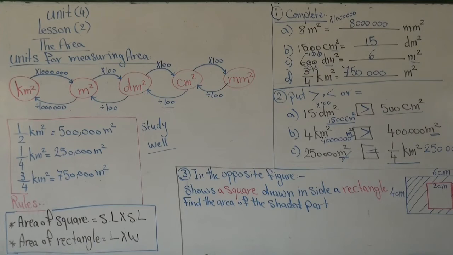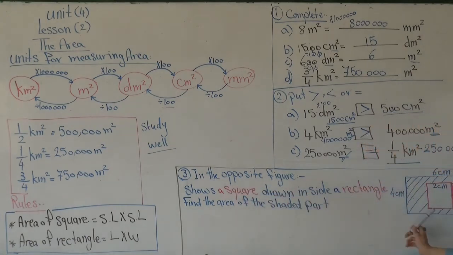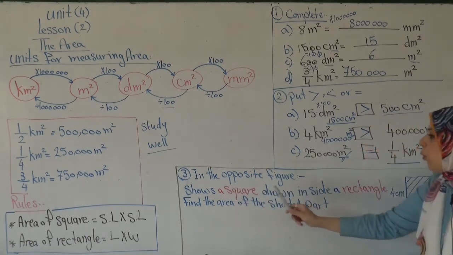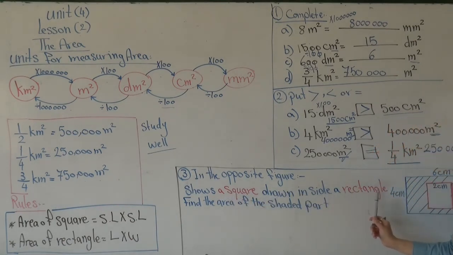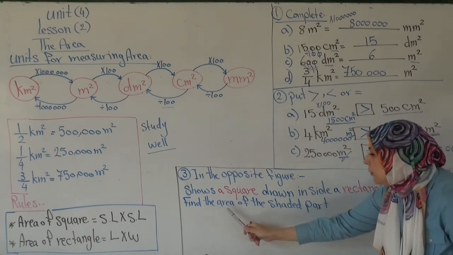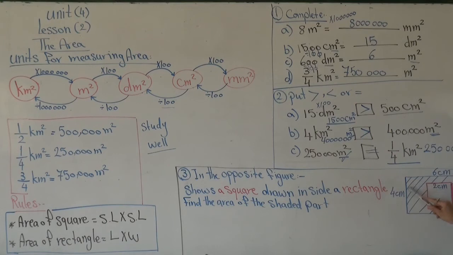Okay, look at the third one. In the opposite figure, this figure shows a square drawn inside a rectangle. Find the area of the shaded part. This is the shaded part, the rest.